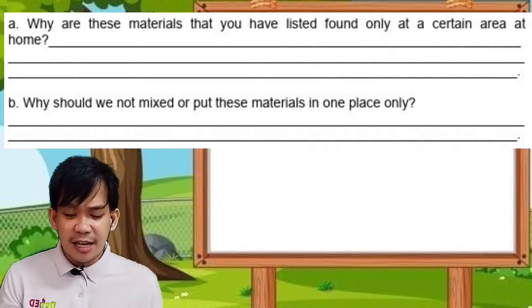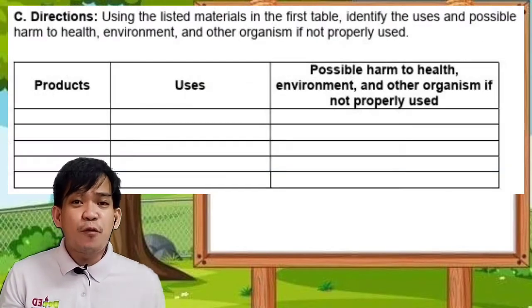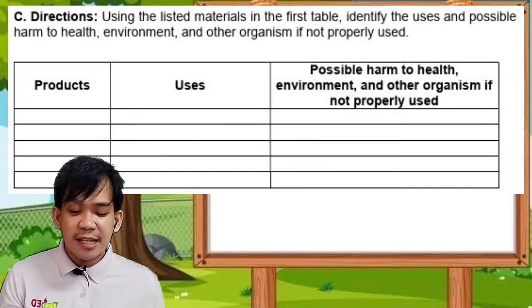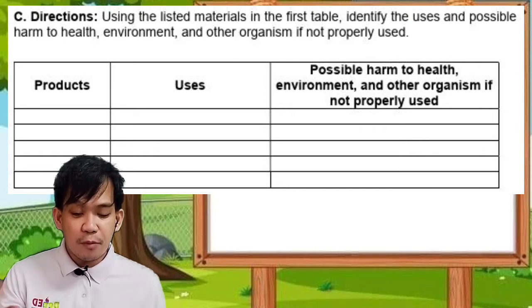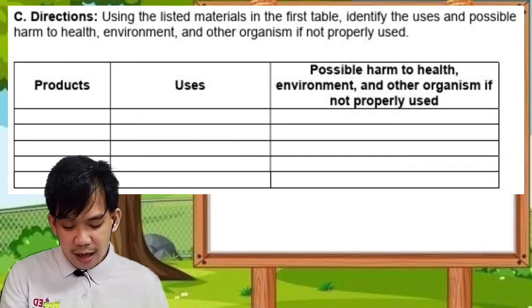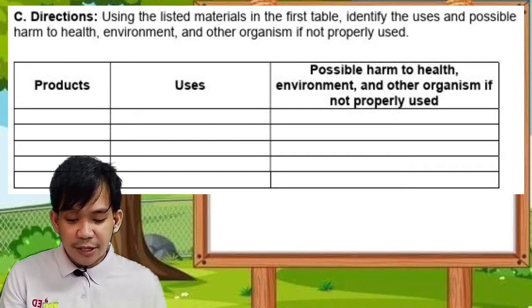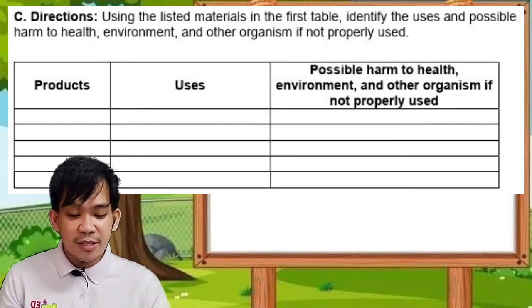Okay, letter C. Let us move on to practice exercise letter C. Using the listed materials in the first table, so dun sa tables na nauna, dito sa inyong table na ginawa, so sa practice exercise B yan, yung mga sinulat yung mga materials.